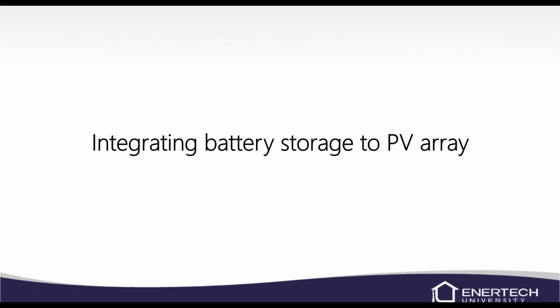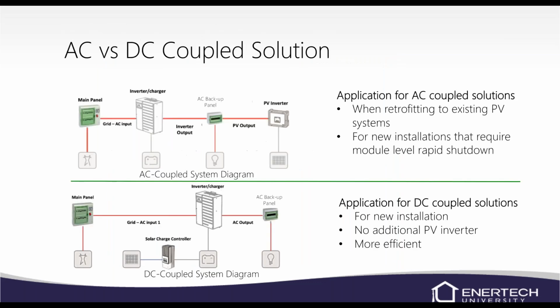Integrating battery storage into the PV array. So an AC versus DC coupled solution. Here you can see an AC coupled system diagram. You've got your main panel with your grid AC input, and you've got your inverter, your batteries coming off your inverter, your inverter output to your AC backup panel, and then obviously power to the home, and then your PV inverter.